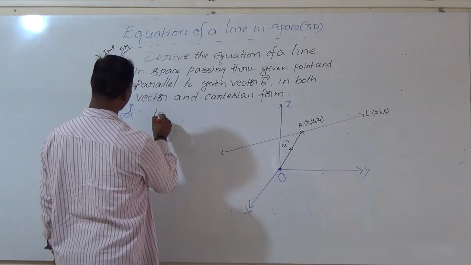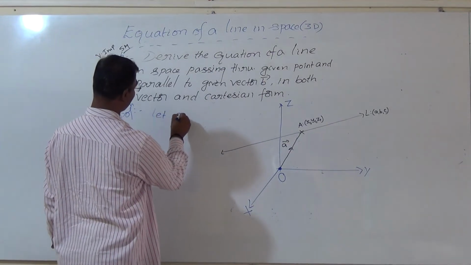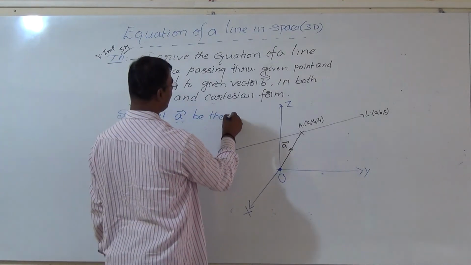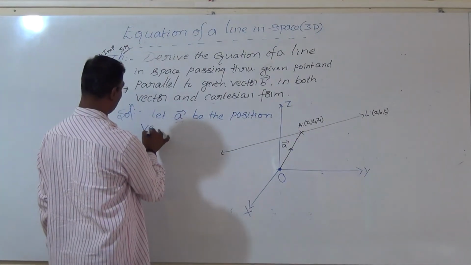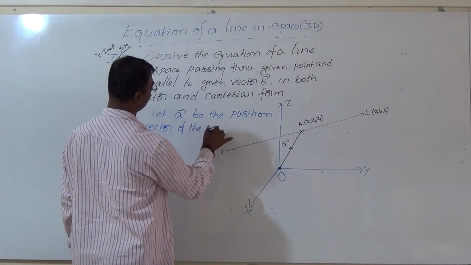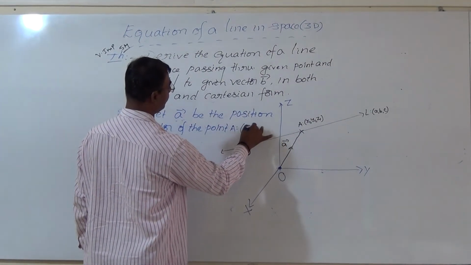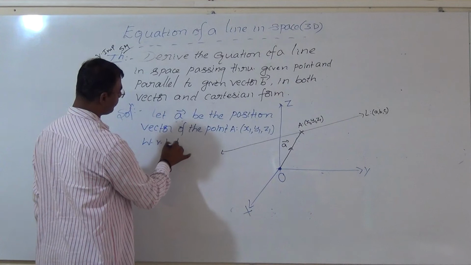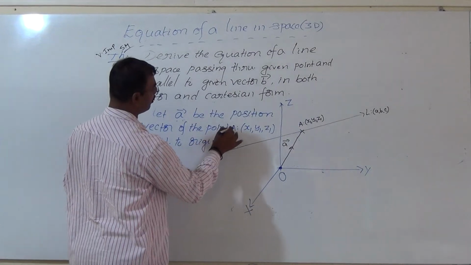I am writing here: let A bar be the position vector of the point A (x1, y1, z1) with respect to the origin. In the Cartesian system, we always have to define it with respect to the origin.